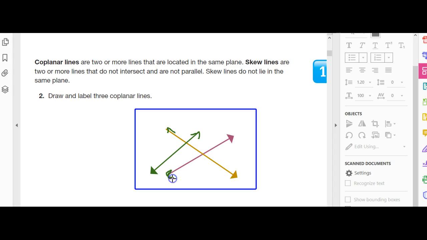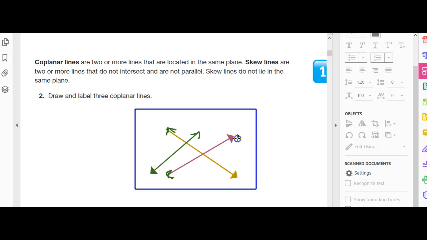So how am I going to label them? Well, remember that you can label these lines by finding points. You can establish points on them and then name the line by the points. So I'll do one that way. But otherwise, the simpler way is to use a lowercase italic letter.